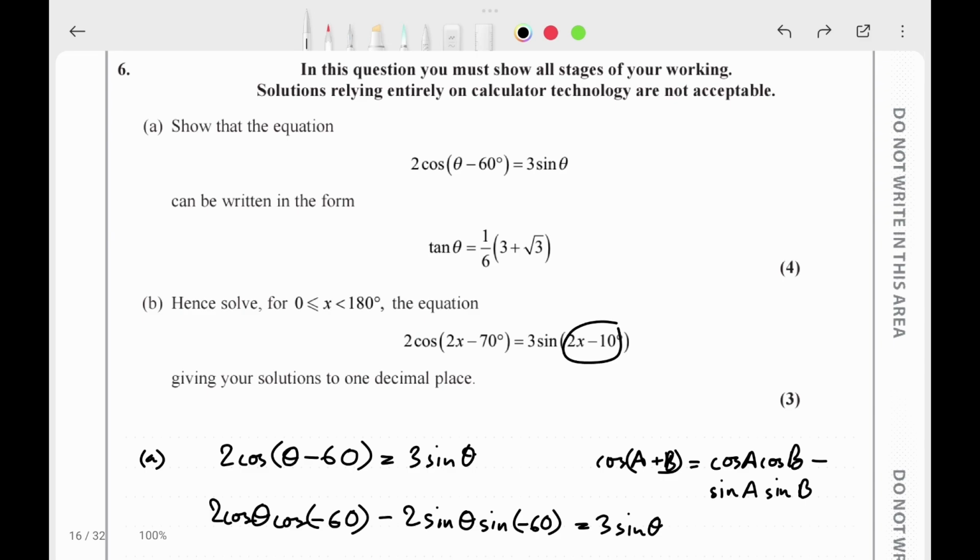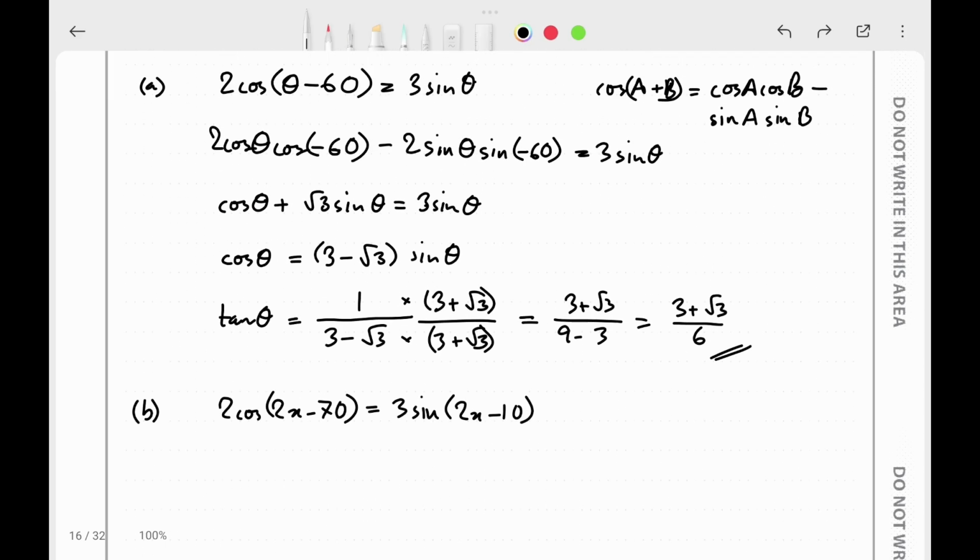So if we assume that 2x minus 10 is some variable theta, then this equation can be written as the equation from part A. It's the same equation. So assuming theta is equal to 2x minus 10, this can be written as 2 cos of (theta minus 60) is equal to 3 times sine theta. So tan theta is equal to 1 by 6, times (3 plus root 3).